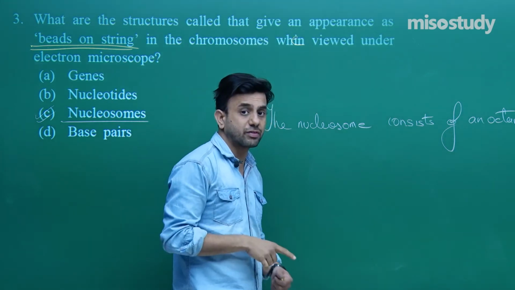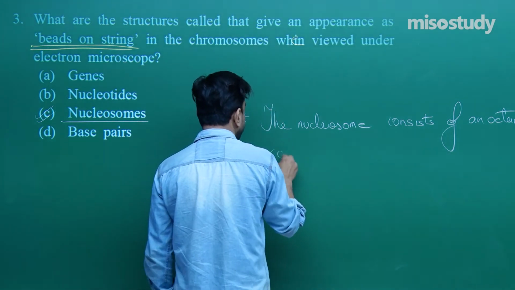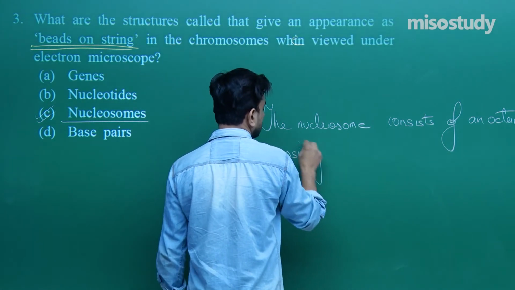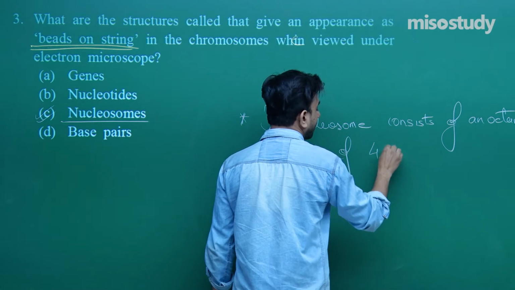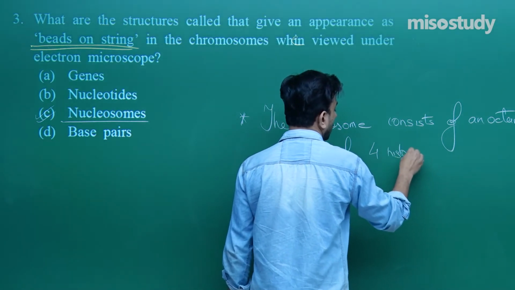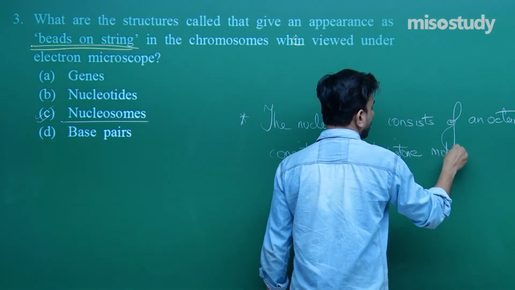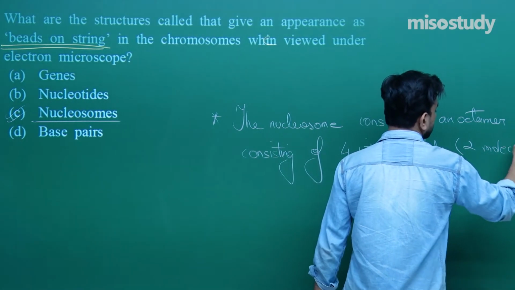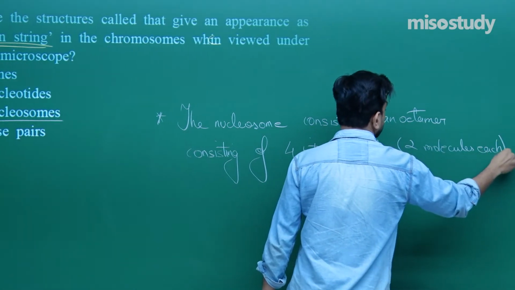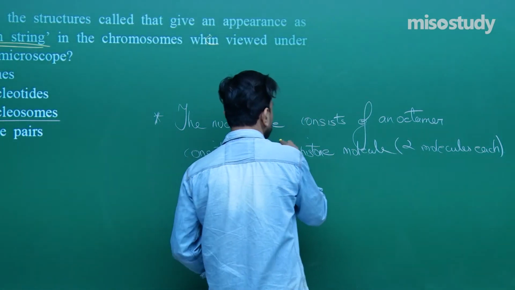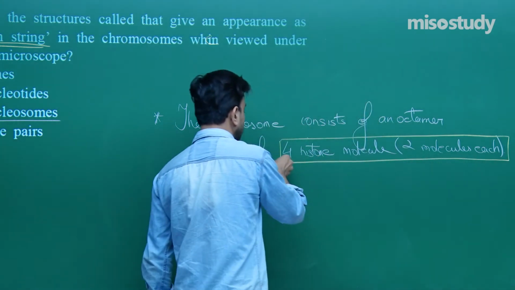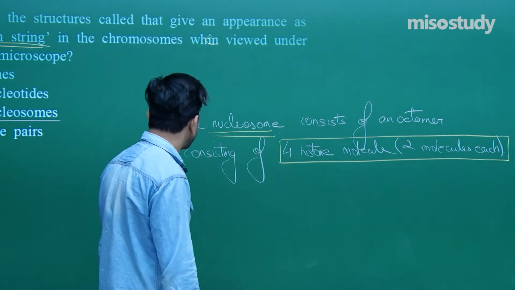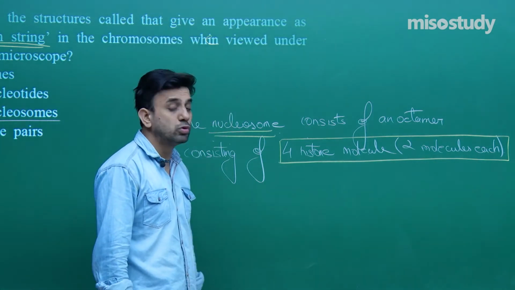The nucleosome consists of an octamer consisting of 4 histone molecule types, 2 molecules each.